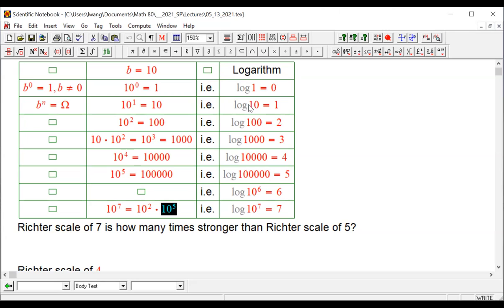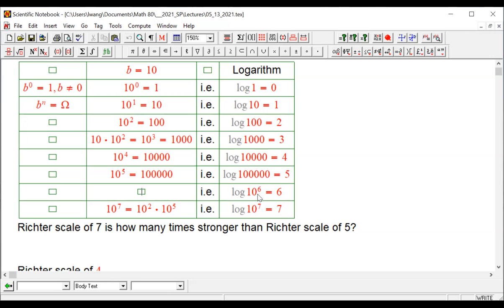You can see the logarithm is used to express the power according to a certain base. For example, the 7 is referring to 10 to the power 7. So this 7, in this case, is telling us that the power of 10 is 10 to the power 7.